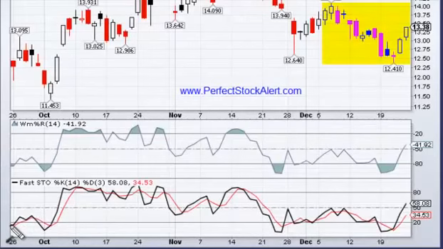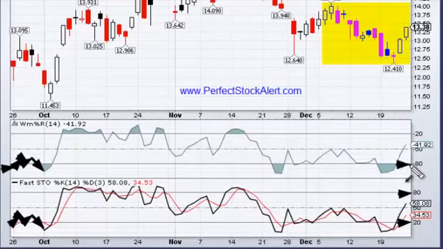Every single move by the percent K of the fast stoch is tracked by the Williams percent R. The only difference is that the fast stochastic has a signal line, this percent D line, this red line, and you'll notice the numbers are different. It's got a positive 80 and a positive 20, and Williams percent R is flipped, with a negative 80 and a negative 20. But other than that, the identical information is being posted.